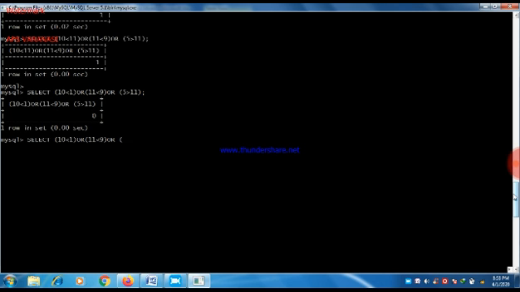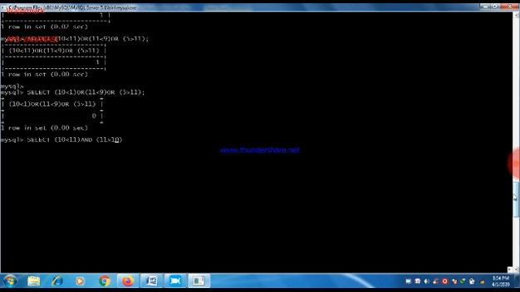Select 10 is less than 11 and, for the second condition, we write 11 is greater than 10.